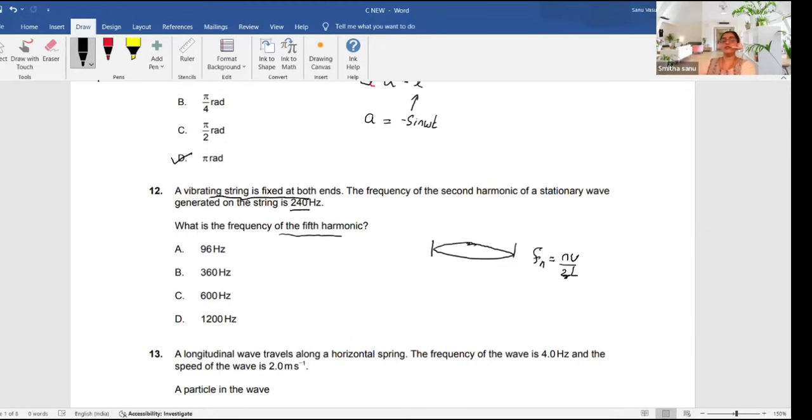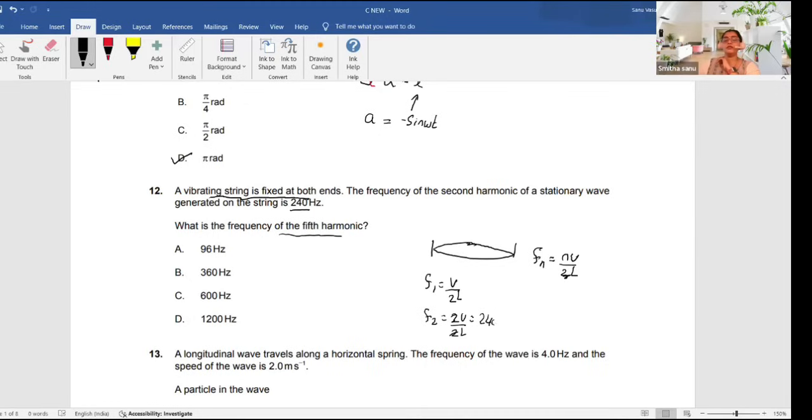For example, if n is 1, the first frequency will be v over 2L. And as given in the question, the second frequency, which is 2v over 2L, the 2 cancels out, so it is v over L. And v over L is given as 240 Hertz.